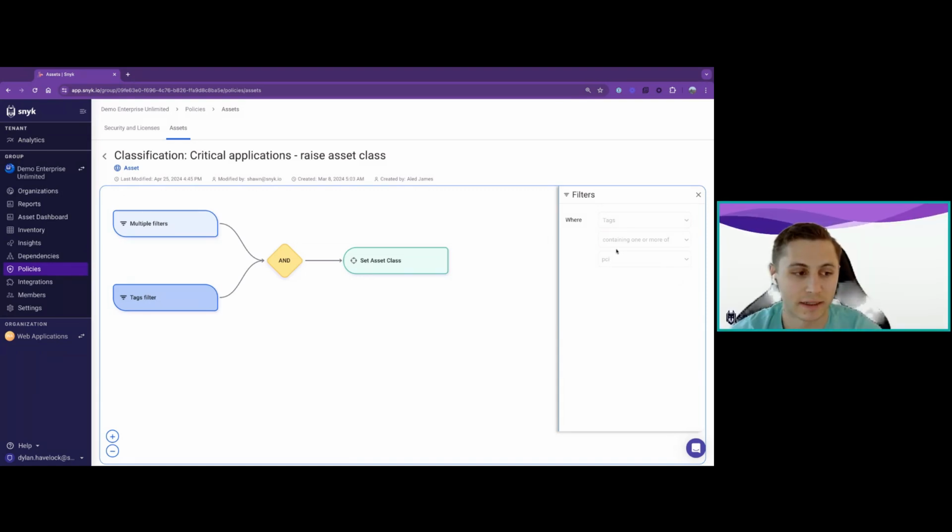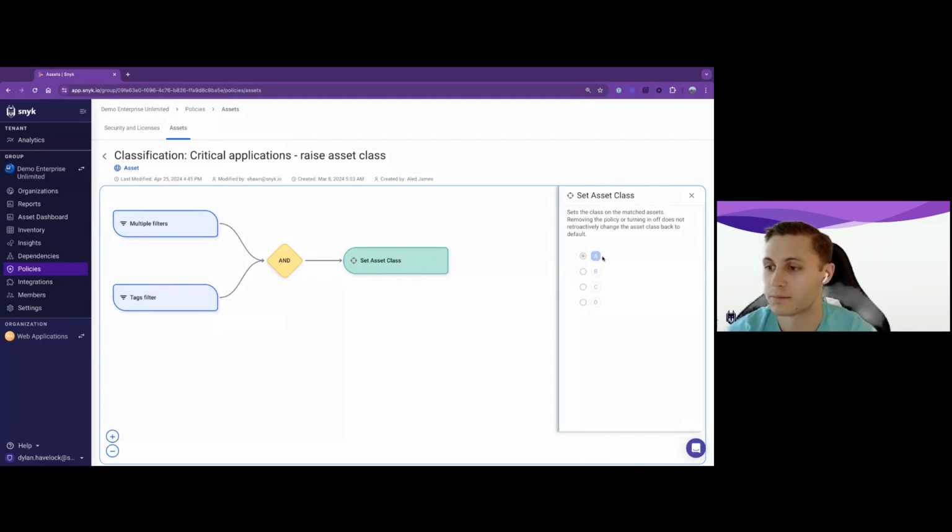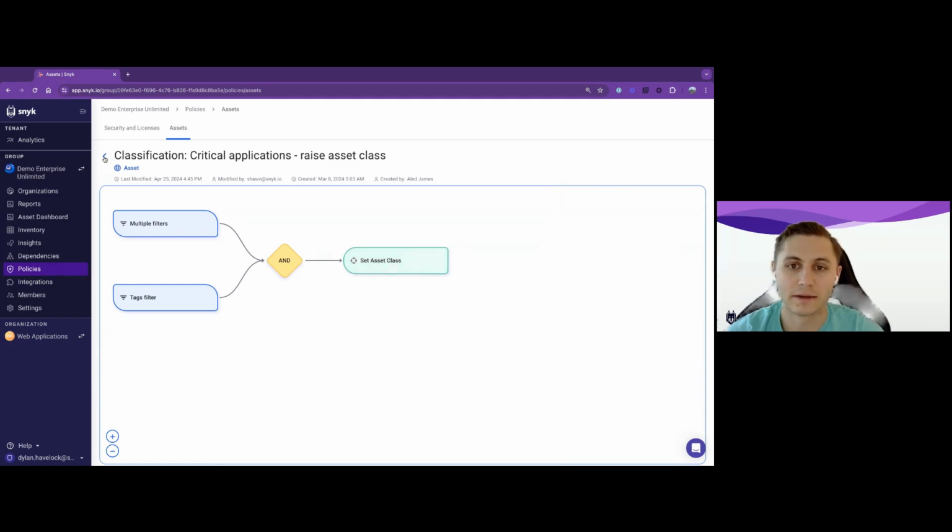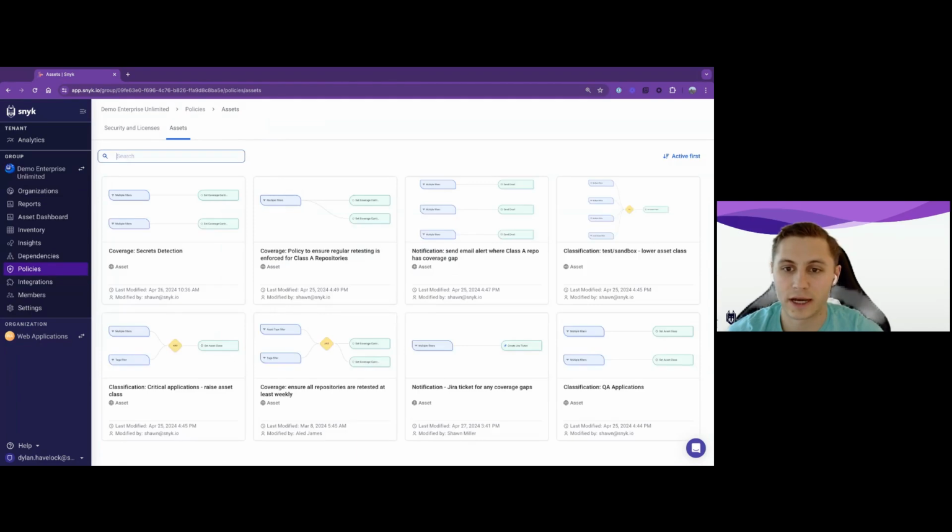In this case, we're pulling in different GitHub topics, and we're looking for any repositories that have been tagged with PCI. If that's the case, we want to raise that asset class to class A, since we know that those are going to be processing payments. And then every repository that is seen thereafter is automatically going to inherit that class A asset. This helps us prioritize our repositories, and then again narrows the scope of what we want to concern ourselves with.